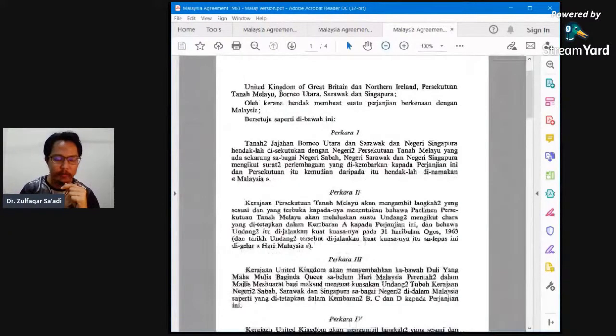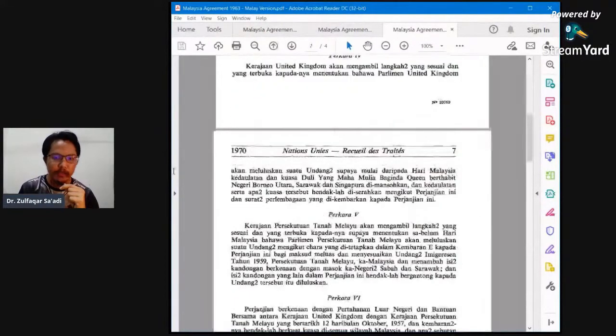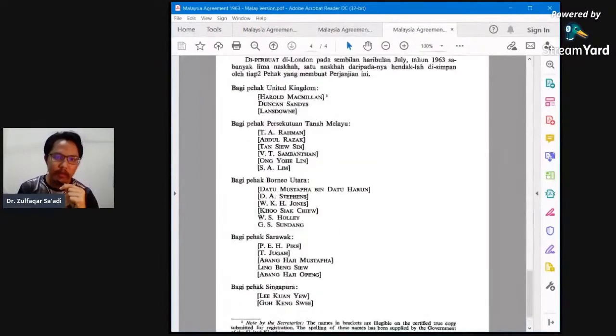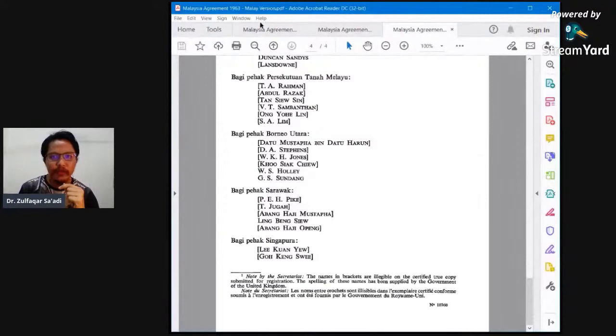The annex is all in English because Article 11 of Malaysia Agreement specifies that the annex will be all in English. Only the agreement will be in Malay text. You can find this one in the United Nations Treaty Collection. So make sure you refer to the right document.